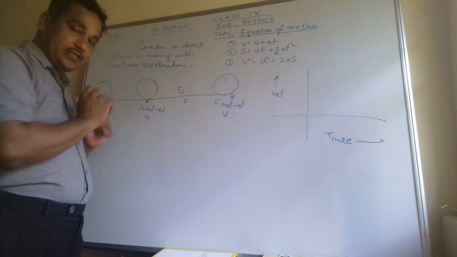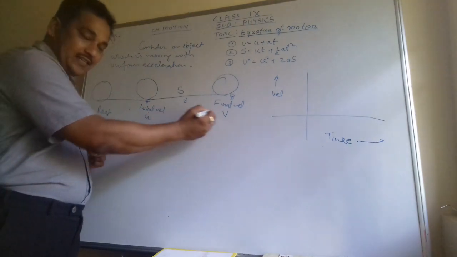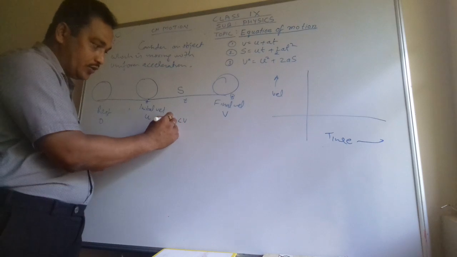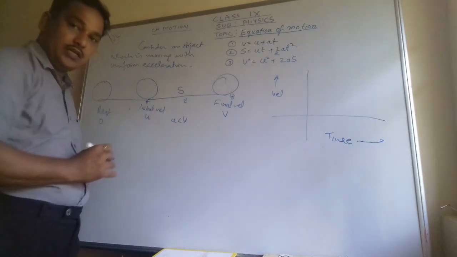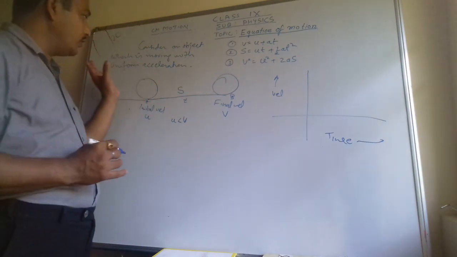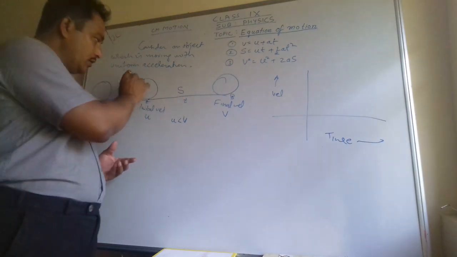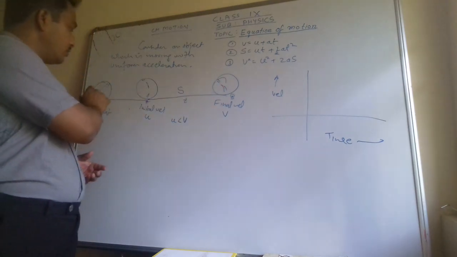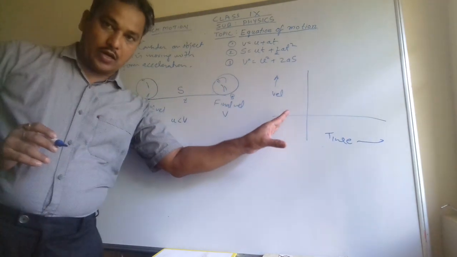Now here some velocity is there, and again it is increasing its velocity. So here v is greater than u. Final velocity is greater than initial velocity. So in this uniformly accelerated motion of this object, a ball is rolling, for example. So let us plot a graph for this.